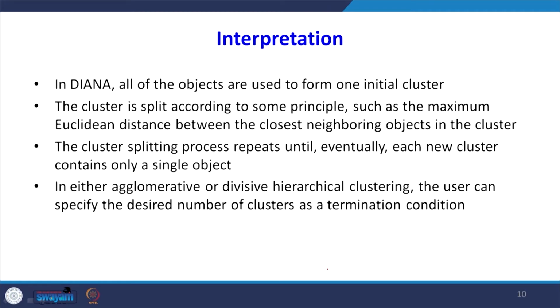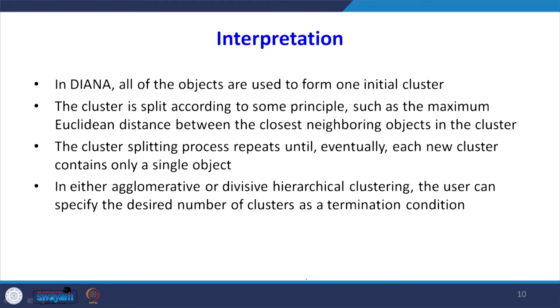In DIANA, that is the divisive method, all of the objects are used to form one initial cluster. This cluster is split according to some principle, such as maximum Euclidean distance between the closest neighboring objects in the cluster. The splitting process repeats until eventually each new cluster contains only a single object.